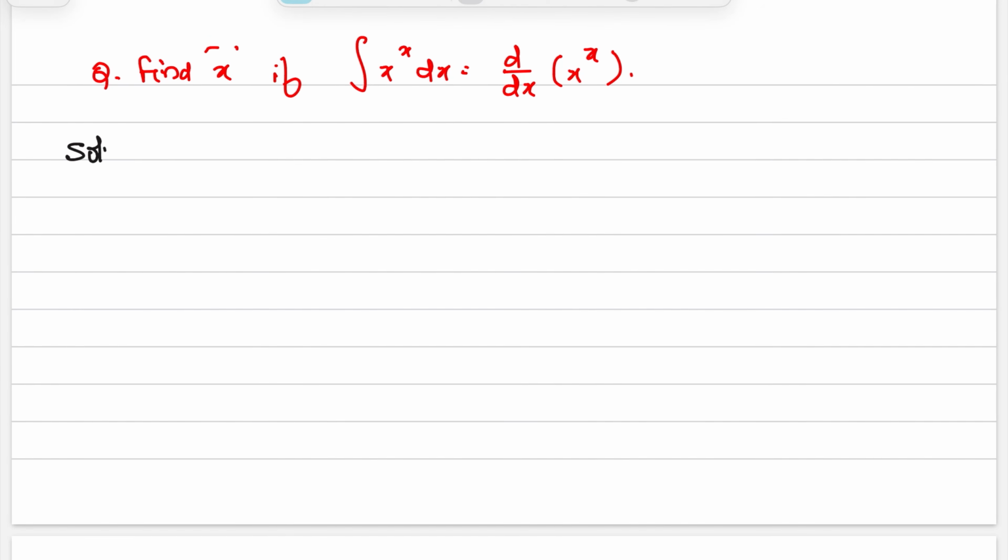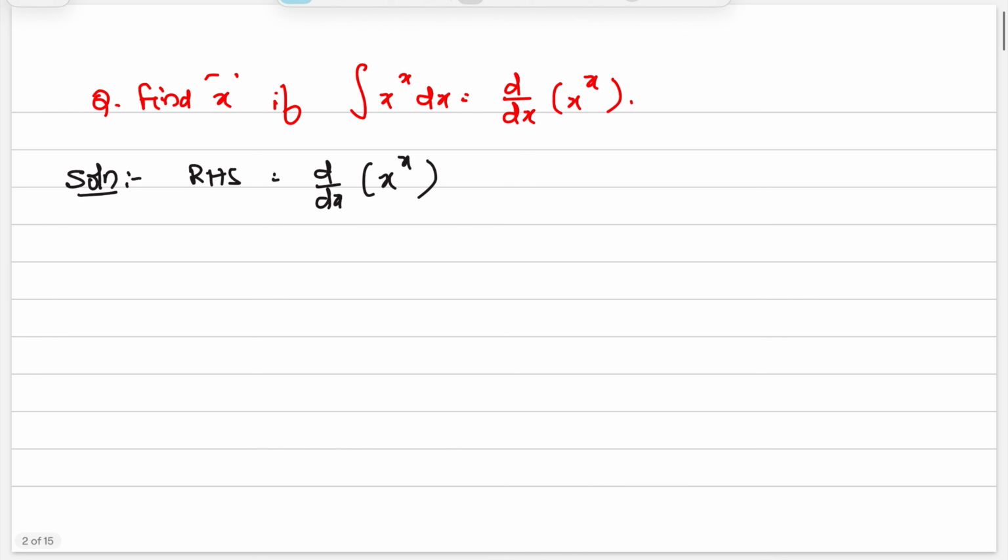Solution. Let us take the right hand side, that is d by dx of x to the power of x. After solving with this, we will go for the left hand side and equate both and we will get the answer. Let us try.